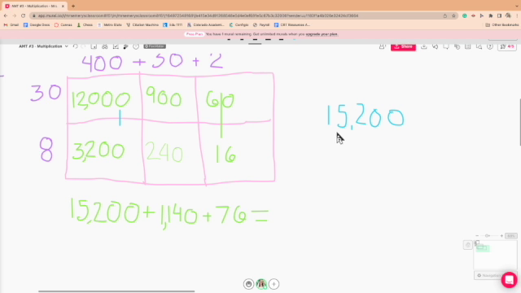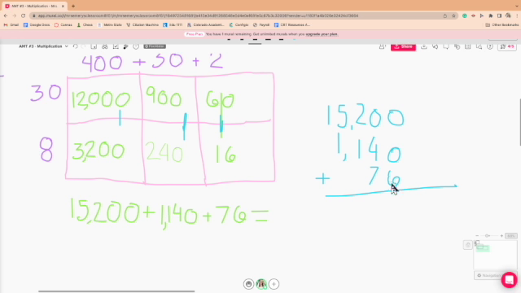Then we have 1,140, make sure we line up the place values, which we got from adding these two, and we have 76, which we got from adding these two, which I already drew a lovely line for. So 76, all lined up, ready to go.